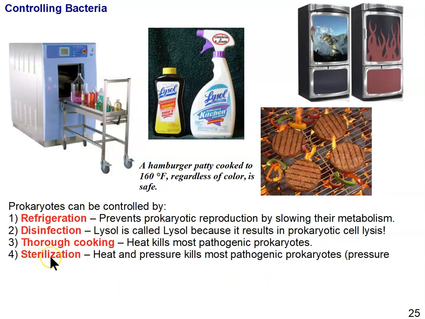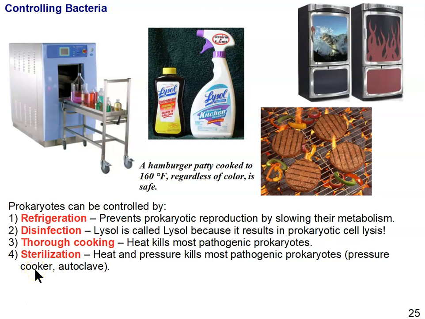And then finally, we have sterilization. So heat and pressure kills most pathogenic prokaryotes. A pressure cooker will do this, and that's how we can things. For example, if you're going to can preserves, any kind of fruits or vegetables, you put them into the jar.